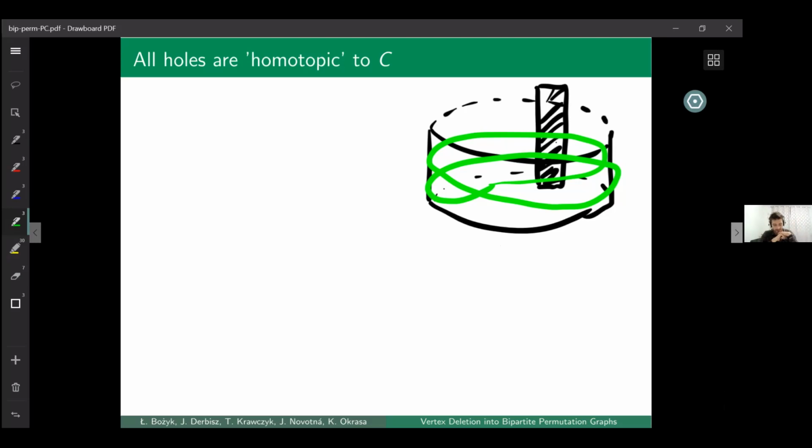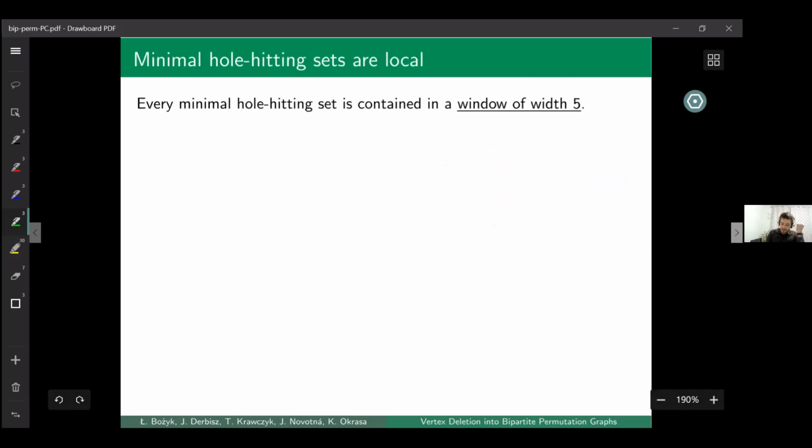Let me just tell you that this is proved by assuming it's not, and showing how to refine a hole: we remove one vertex from our potential minimum separator in order to be omitting this minimum separator.